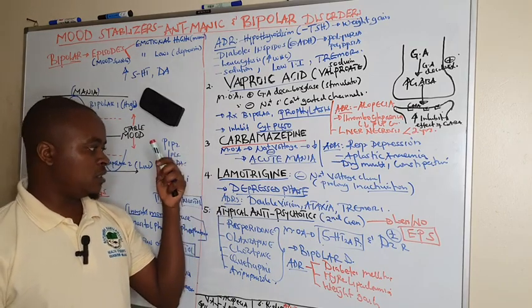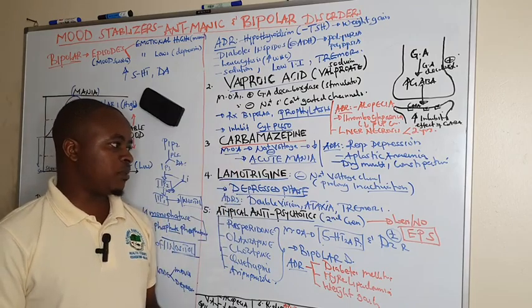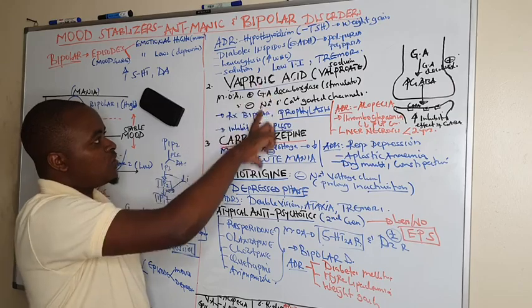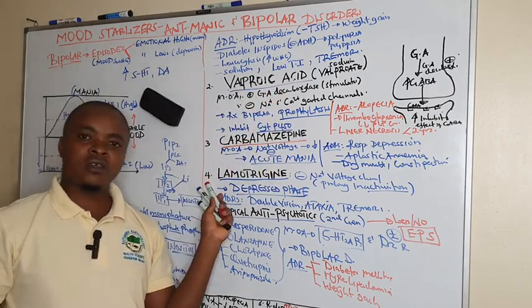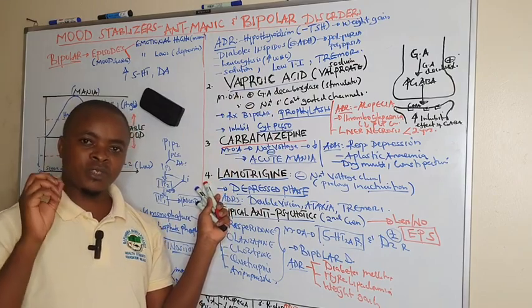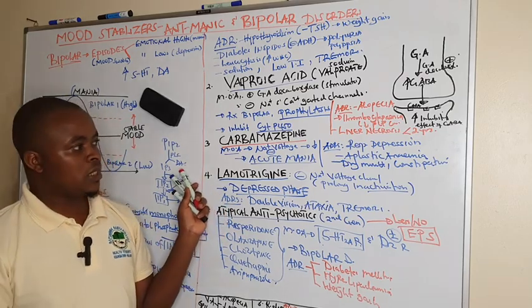We have also seen that we can use lamotrigine, which is also an antiepileptic. Valproic acid, carbamazepine and lamotrigine act by inhibiting sodium-gated channels, hence prolonging inactivation.